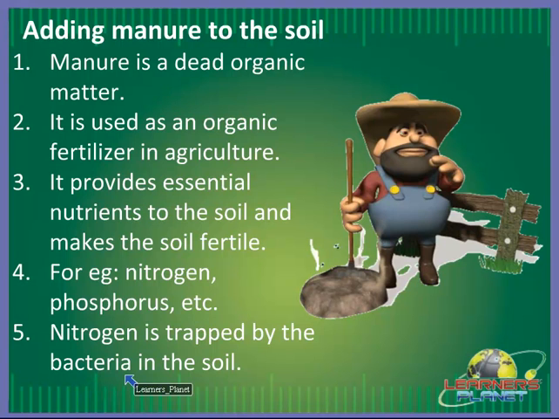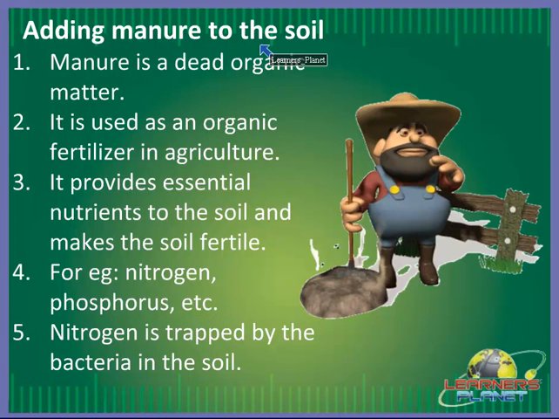And even the animal excreta and the dead plants are very helpful, and they also make this process very valuable, right? So in this way, many things combine and make the soil fertile. So always remember that nitrogen and phosphorus are the essential nutrients which can be provided by the dead organic matter called manure, and it can also be trapped by the bacteria, and all these factors combine to make the soil fertile, right?